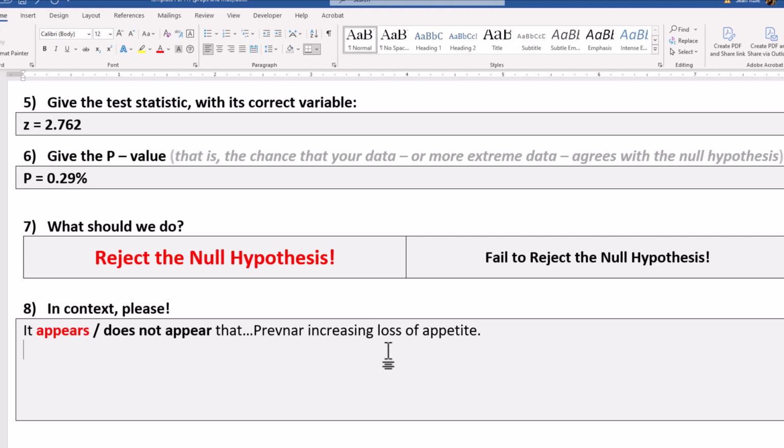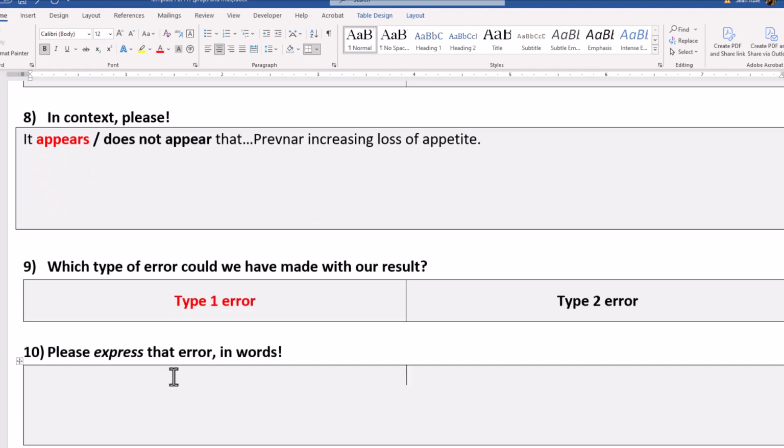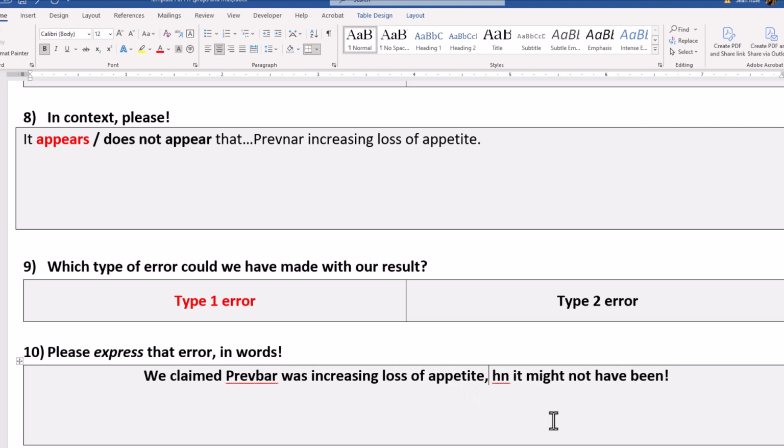All right. What type of error? Since we got a small p-value and we rejected the null, it's going to be a type 1 error, which means we claimed Prevnar was increasing loss of appetite when it might not have been.